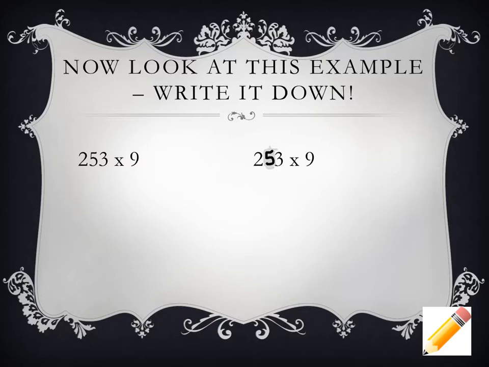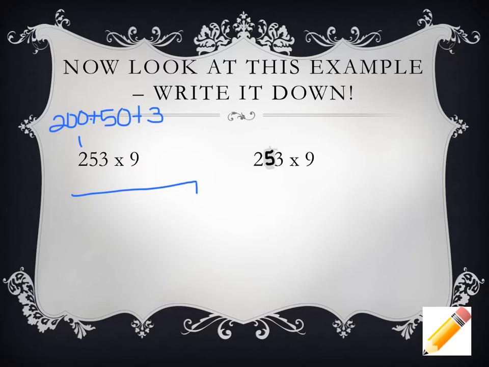This time, copy down both ways of solving the problem. To think of expanded form, I'm going to think of 253 as 200 plus 50 plus 3.